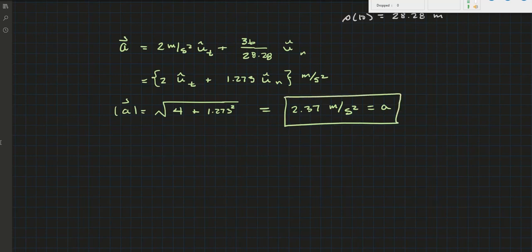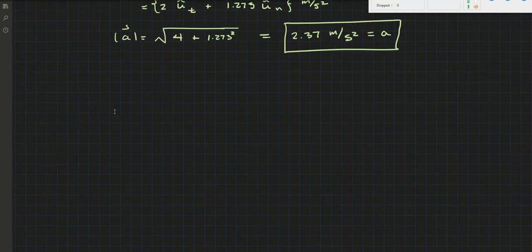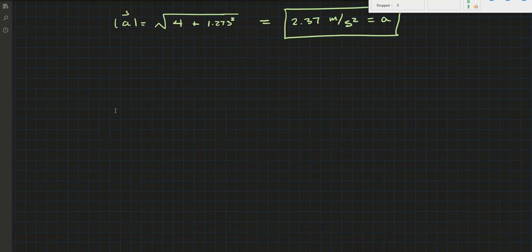And I don't have my nice, neat rectangle on. So then we just got to find the angle here. Okay, so for the direction, we know that the tangent is at 45 degrees. We found that earlier. That means our normal is 90 degrees from this, and our acceleration is somewhere like this.